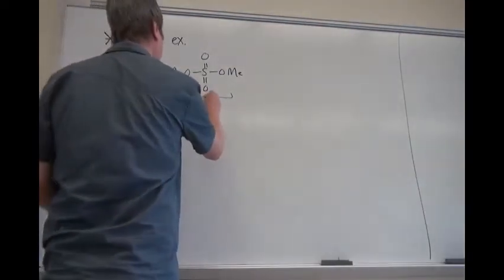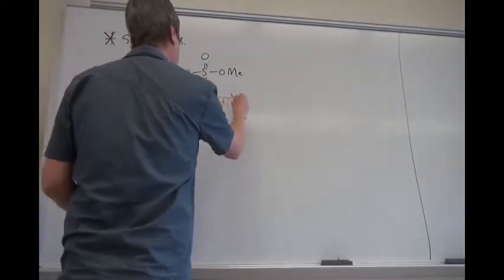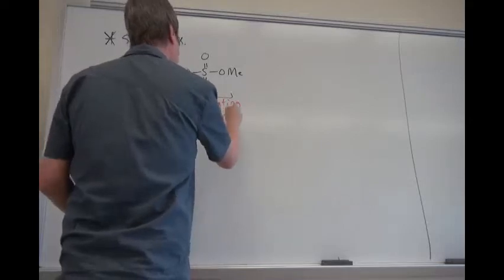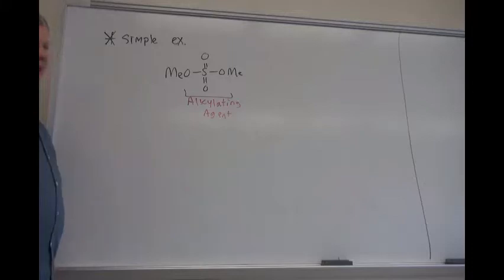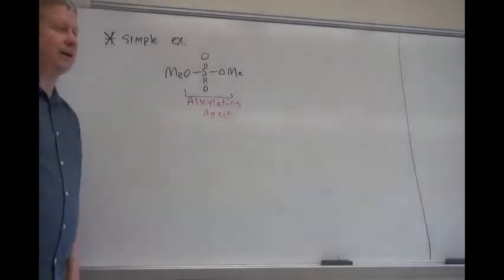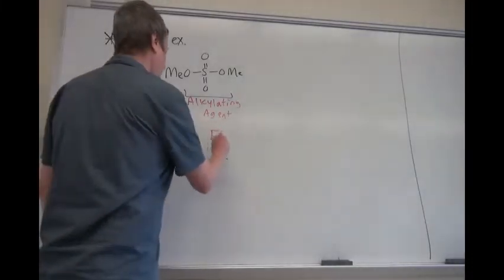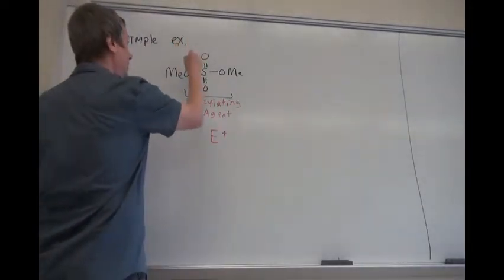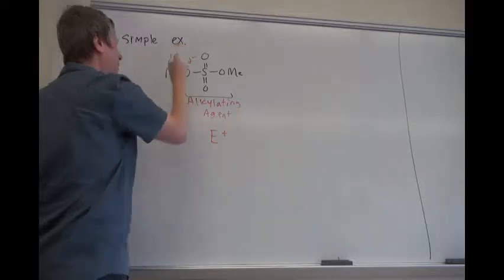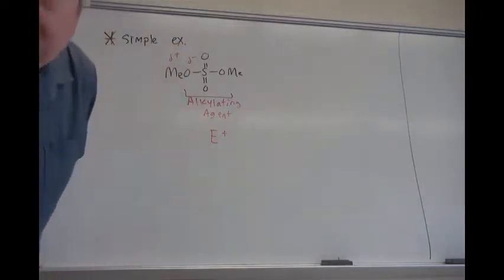Does that make it a nucleophile or an electrophile? Well, things that alkylate other things are usually electrophilic, so this is an electrophile. We actually know some of the electronics. This is delta minus, this is delta plus, delta minus, delta plus.